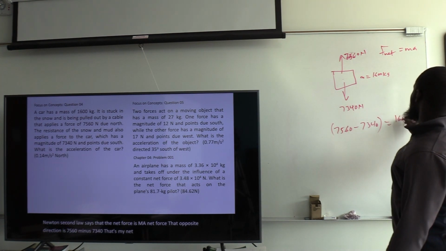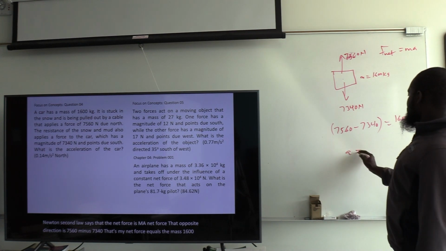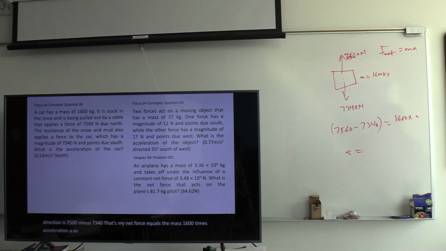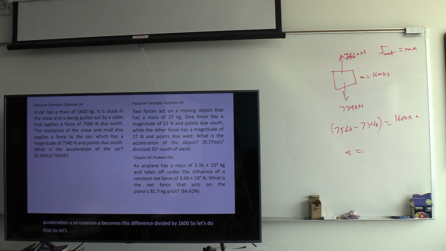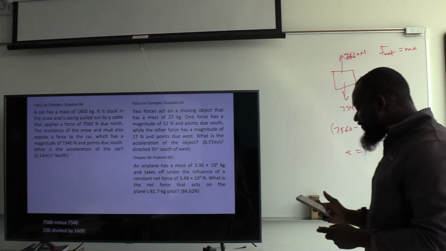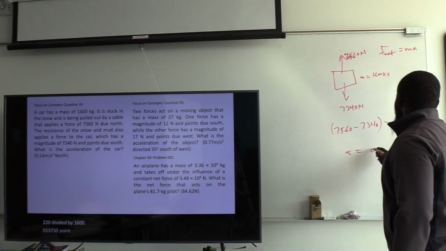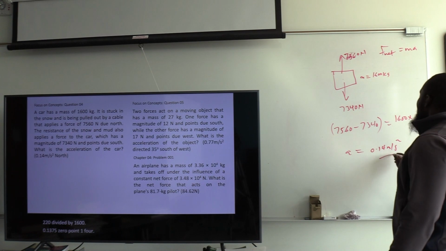Equals the mass 1600 times acceleration a. So acceleration a becomes this difference divided by 1600. So let's do that. 7560 minus 7340 is 220. 220 divided by 1600 is 0.1375, about 0.14 meters per second square.